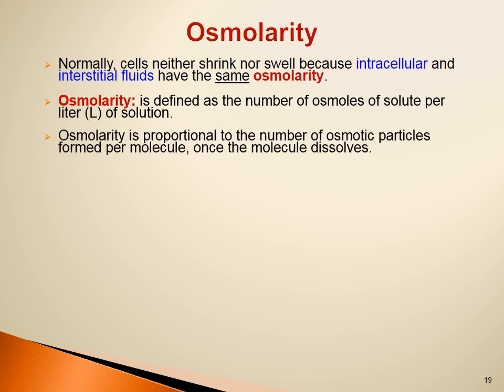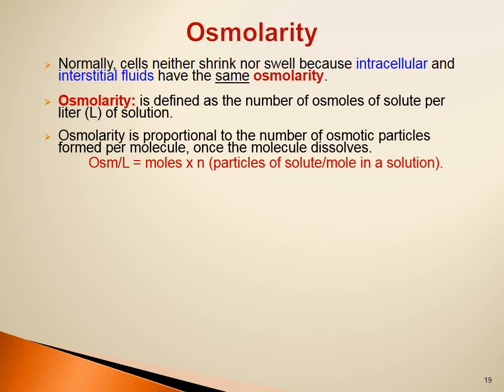Osmolarity is proportional to the number of osmotic particles formed per molecule once the molecule dissolves in water. So osmolarity, which has a unit of osmoles per liter, is moles multiplied by the number of particles of that solute that will be released when it is dissolved.